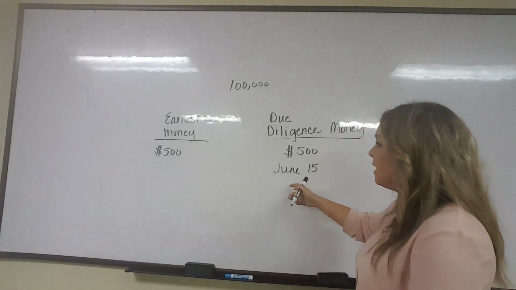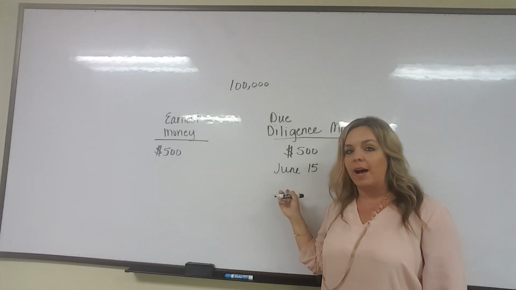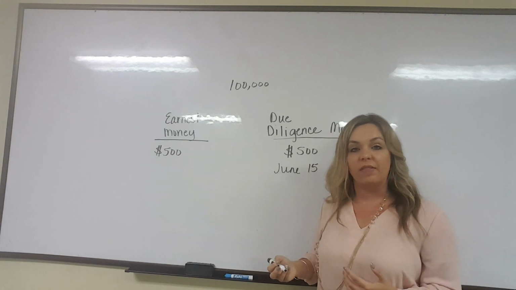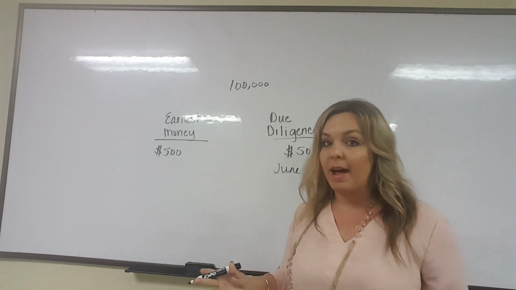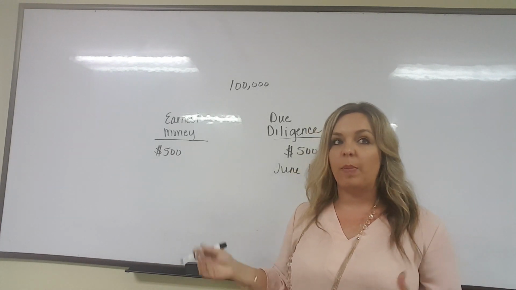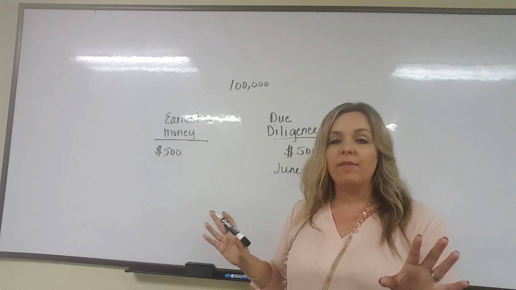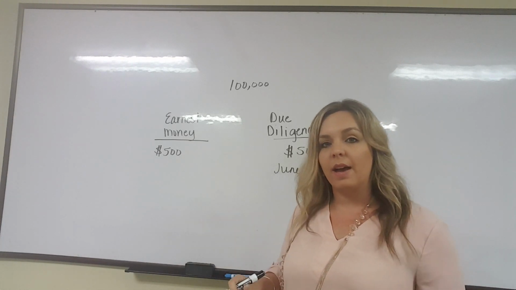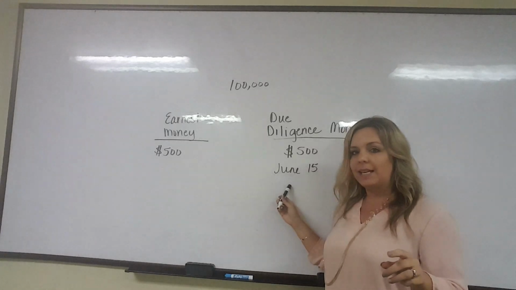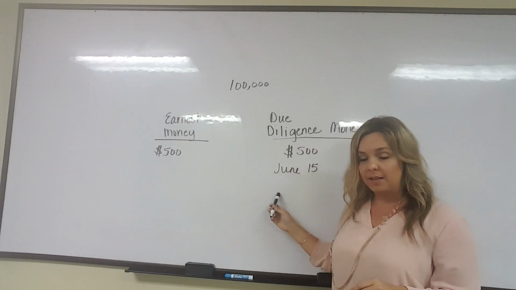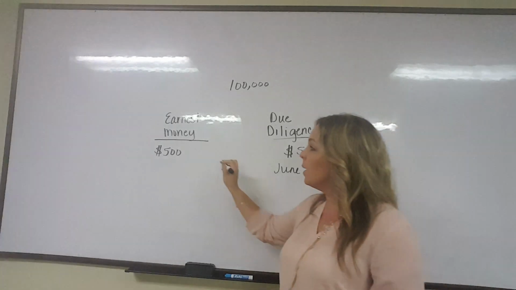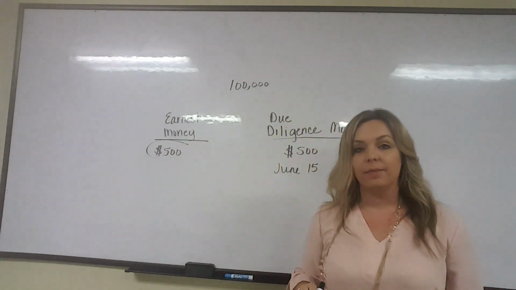Now, if before June 15th that buyer discovers something about the home that they don't like, it really doesn't matter what the reason is. It could be the paint color of the house. If they've decided that they don't want to buy that home, as long as it is before June 15th, then they're going to get their earnest money back.